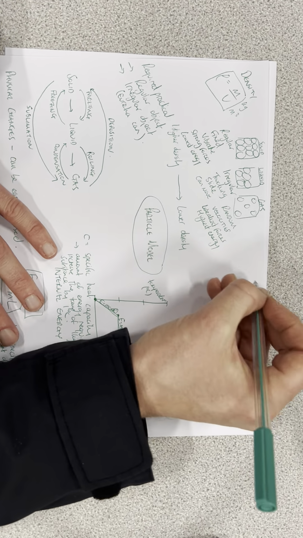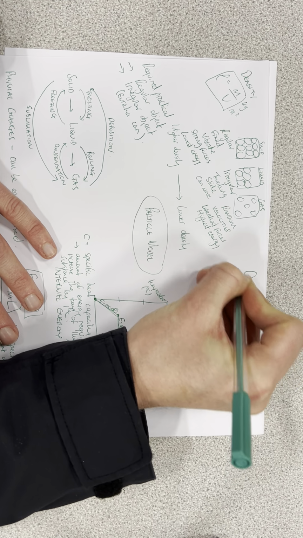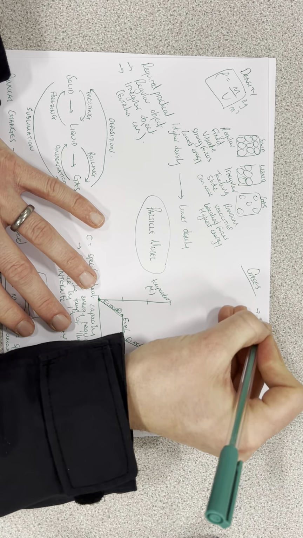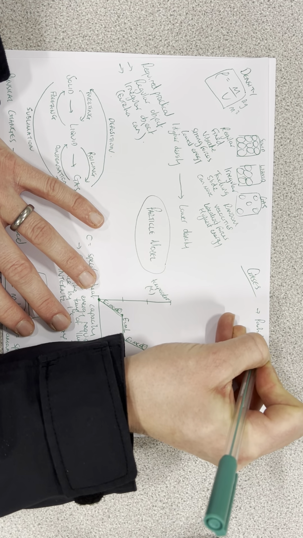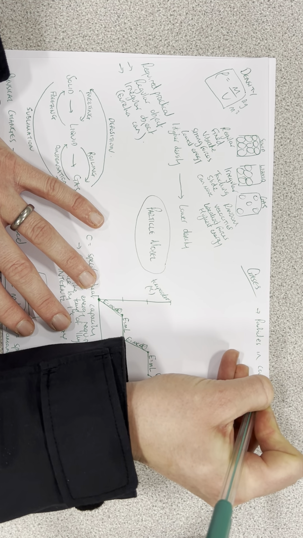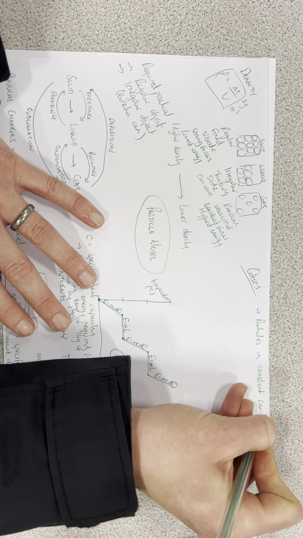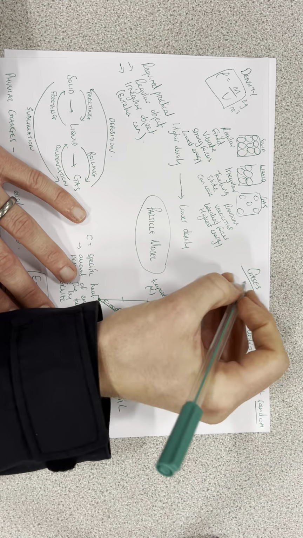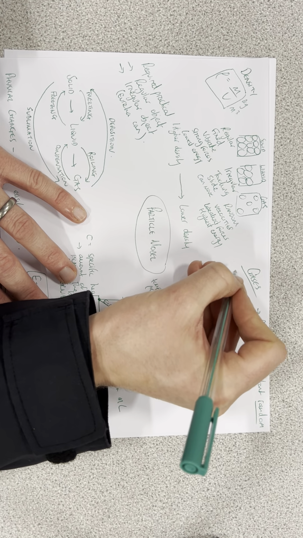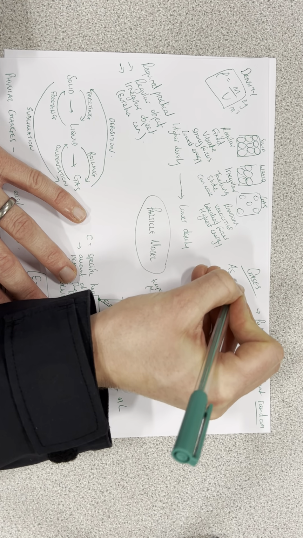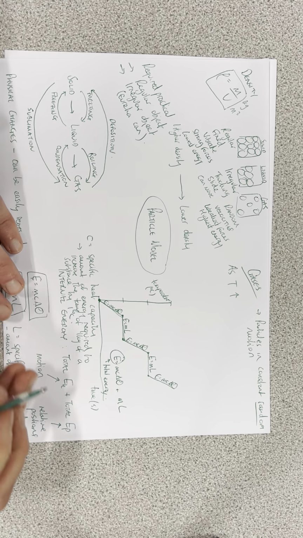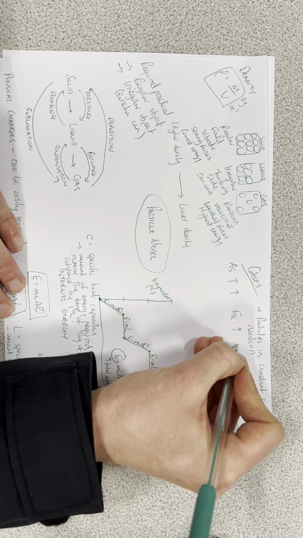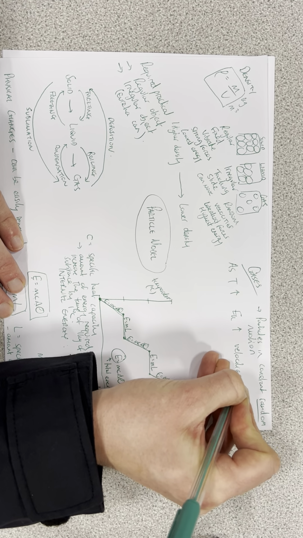Okay, so the last bit I want to talk about is gases, because there's some information you need to know on gases. But we know that these are particles in constant, random, that word again, random motion. Now for a gas, you need to know what happens as temperature changes. So as temperature increases in a gas, remember you're going to be transferring kinetic energy. So kinetic energy increases, that means their velocities increase.